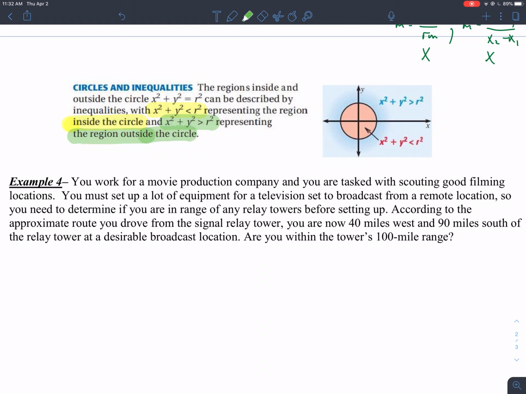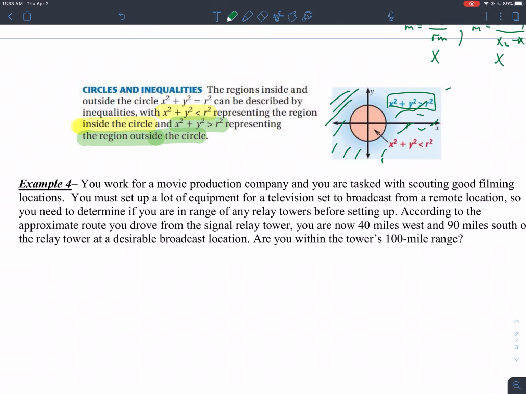Okay. So the picture here shows you this. This inequality represents all of this area outside the circle. And meaning if a point satisfies this inequality, then the point is outside the circle. And this inequality right here covers all the points inside the circle.